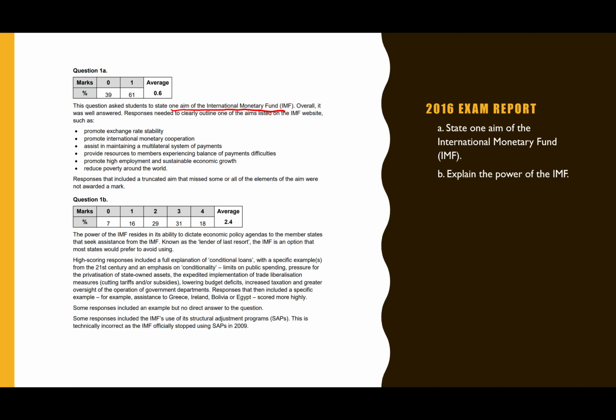What we could have done with this answer is explain how the IMF in a country perhaps like Argentina has imposed conditions on their $57 billion loan, and so Argentina now must follow what conditions have been imposed on them, such as taxing exports, wealth tax, and so on. So yeah, that is how you will go about answering that question.